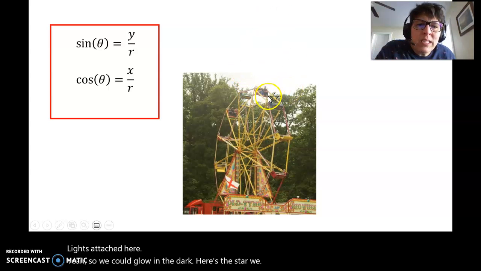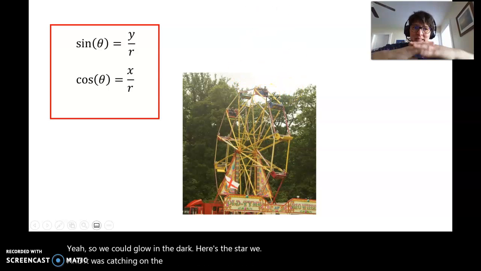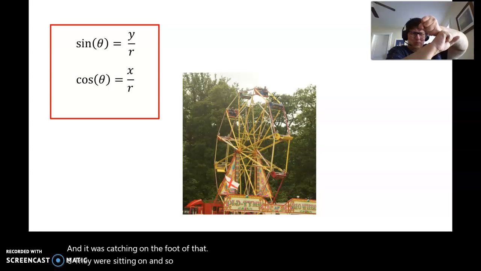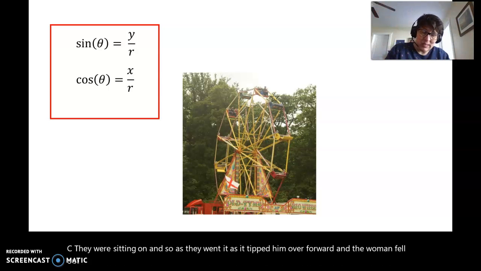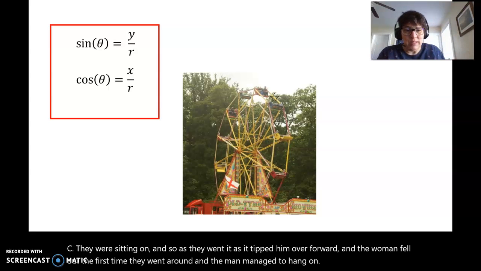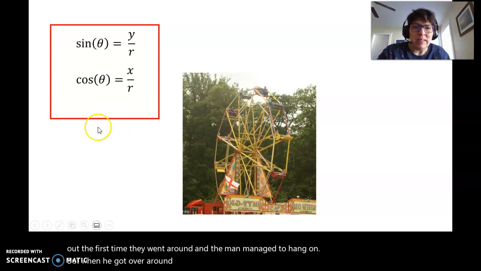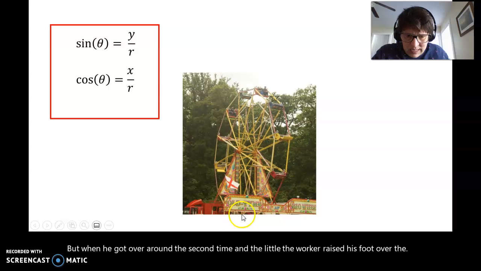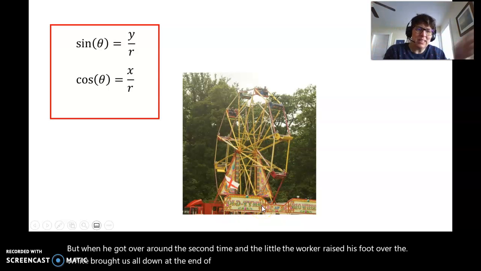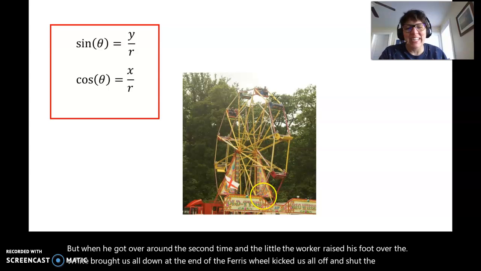And it was catching on the foot of that seat they were sitting on, and so as they went, it tipped him over forward, and the woman fell out the first time they went around, and the man managed to hang on, but when he got over around the second time, and the worker raised his foot over the light, brought us all down to the end of the Ferris wheel, kicked us all off, and shut the whole Ferris wheel down.